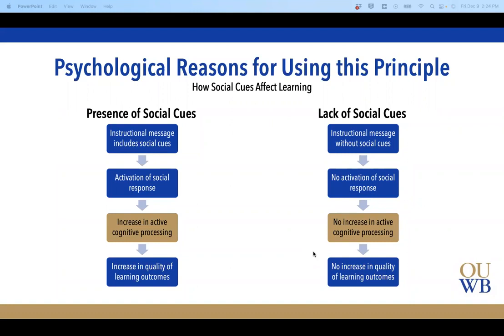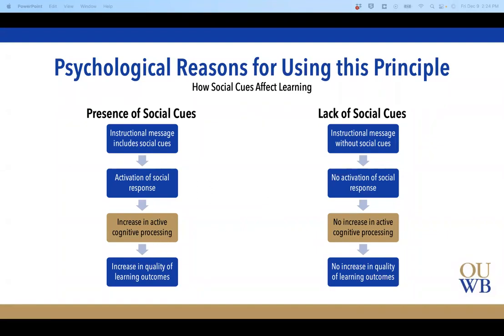As a byproduct, by working harder, students experience better learning outcomes. Put another way, then, social cues prime learners for deeper learning. When social cues are absent, students are less likely to engage in that deep learning process. And when that's the case, they're less likely to effectively organize or integrate the information into long-term memory.